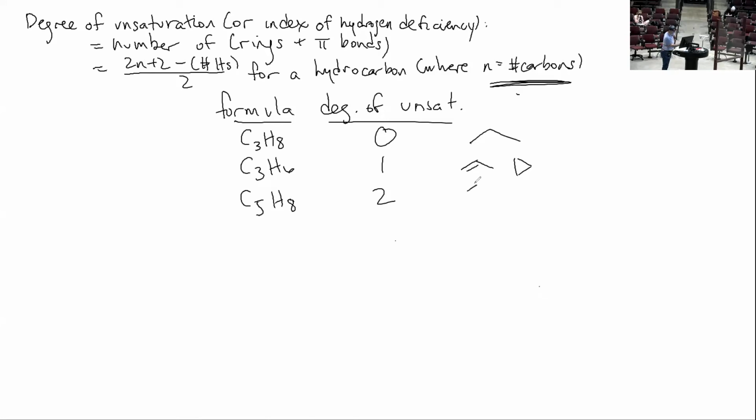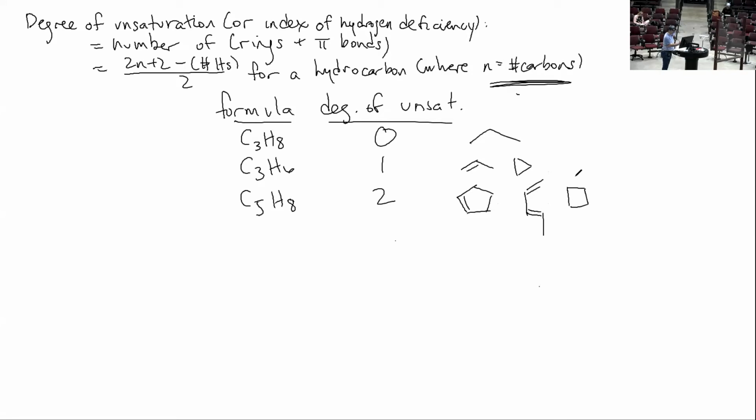You could maybe have something like cyclopentene. That is a ring and a pi bond. That should be C5H8. You might have 1,3-pentadiene. That should also be C5H8. Can we make a compound that has 2 rings? I think we can.